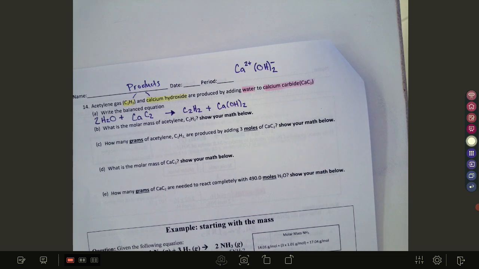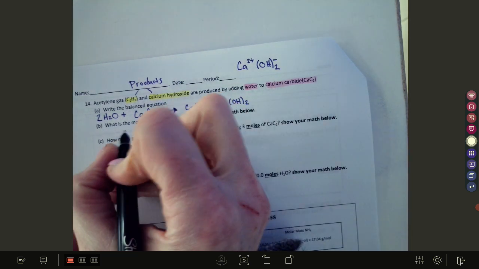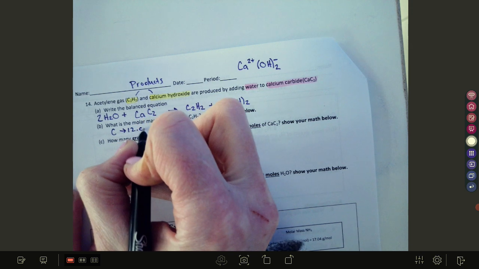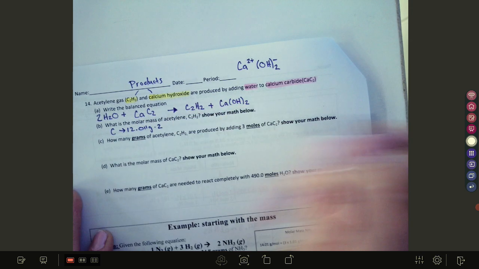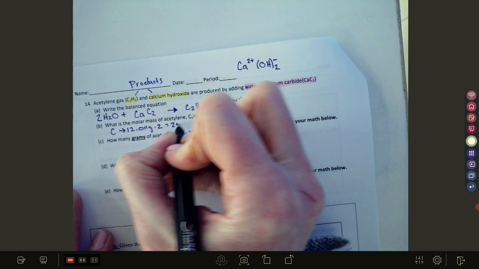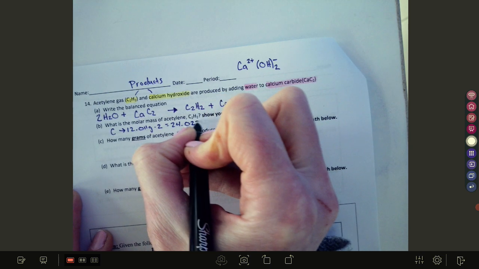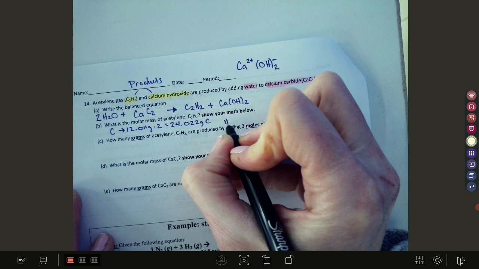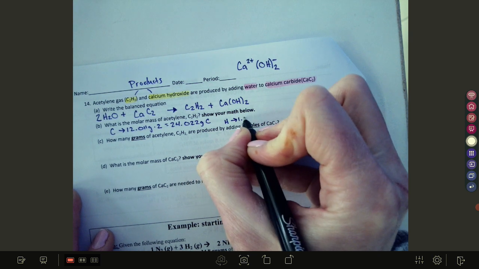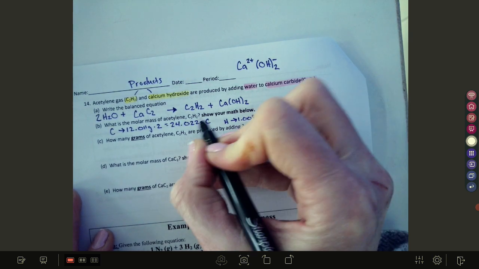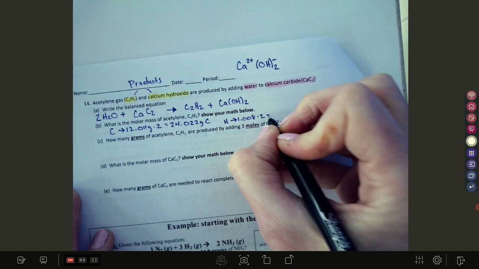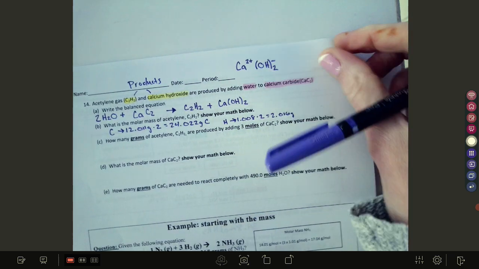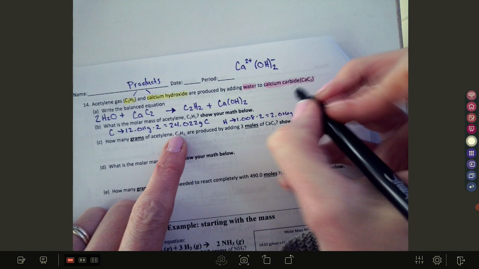Alright, what is the molar mass of the acetylene? So we're going to take carbon, which has a mass of 12.011 grams times 2, and we get 24.022 grams of carbon. And then we're going to take hydrogen's mass of 1.008 times 2, because there's 2 of them, and we get 2.016 grams of hydrogen because it's H2. And then we're going to add those together.